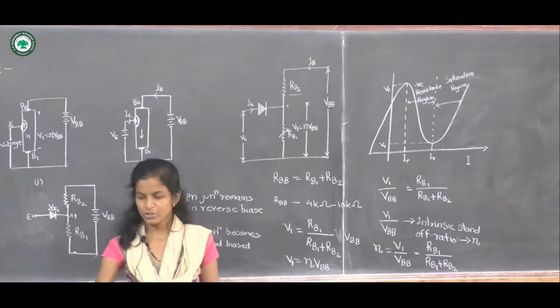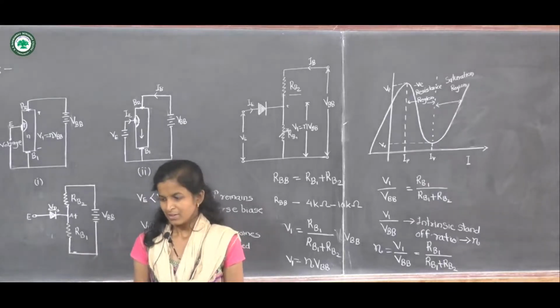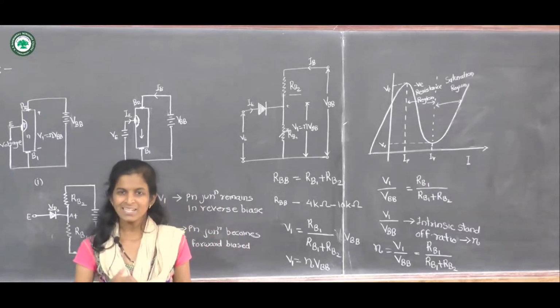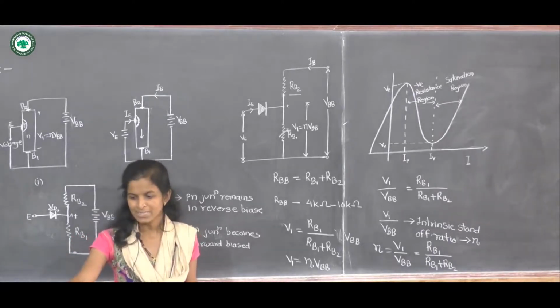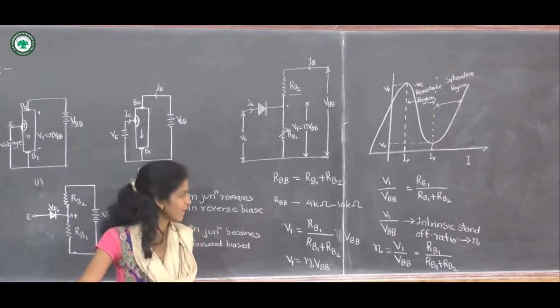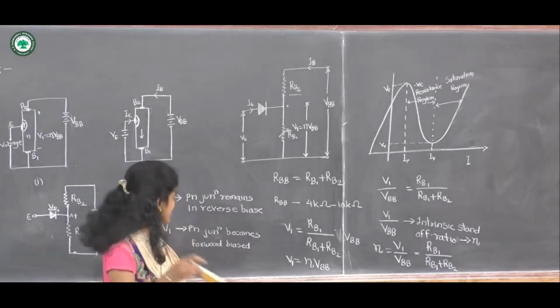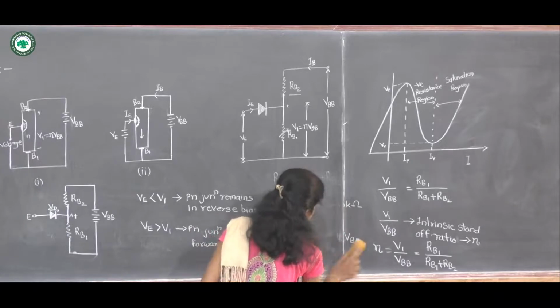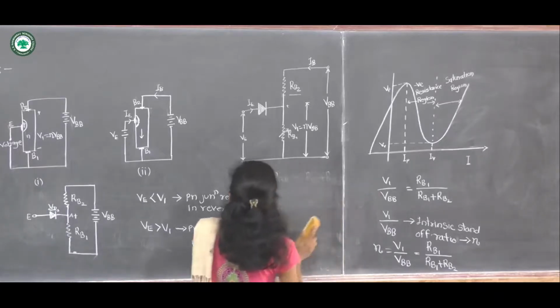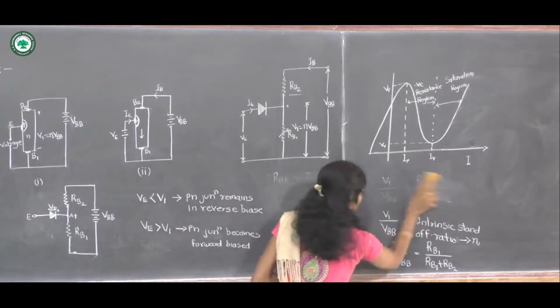Then we will consider the next point, when the input voltage exceeds eta VBB. This is the input voltage which is given by VE.